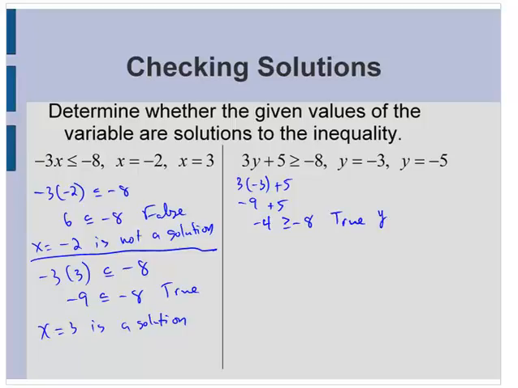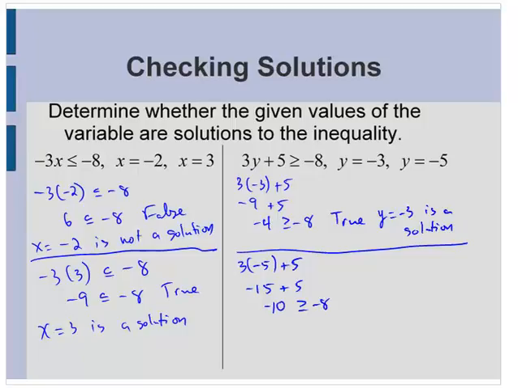So therefore, y equals negative 3 is a solution. Y equals negative 5: 3 times negative 5 plus 5, negative 15 plus 5, is negative 10. Is negative 10 greater than or equal to negative 8? False. Y equals negative 5 is not a solution.